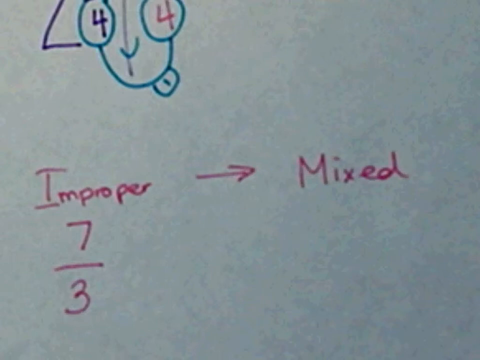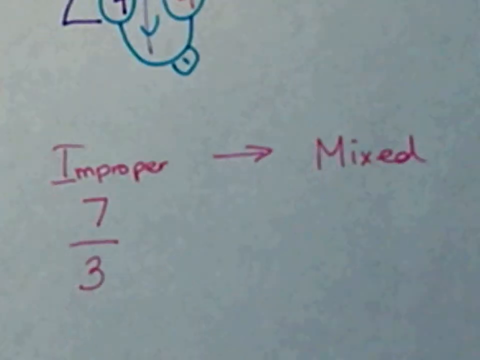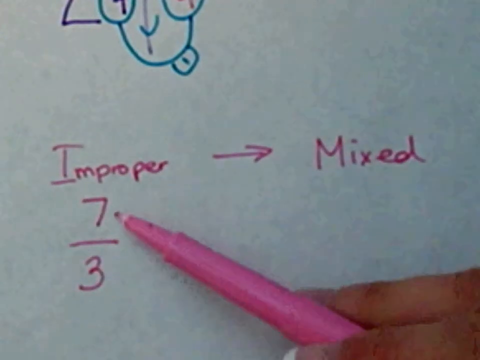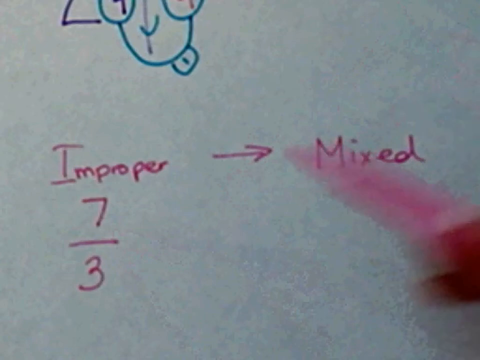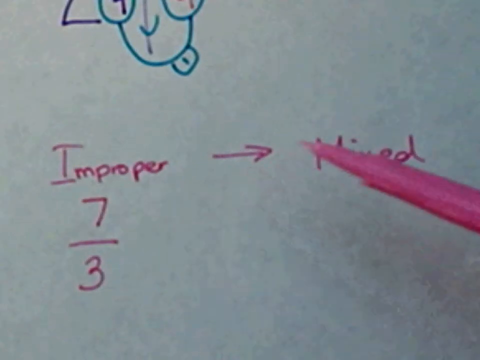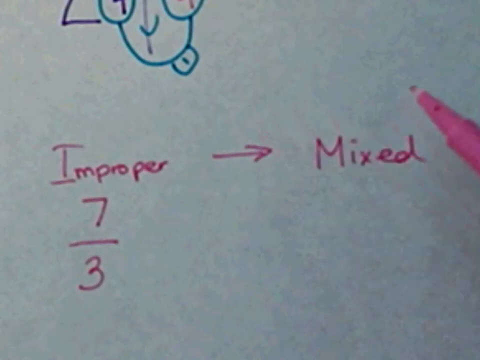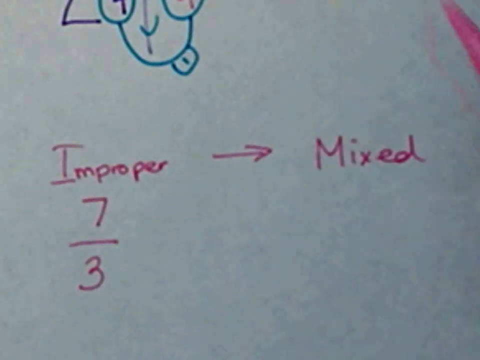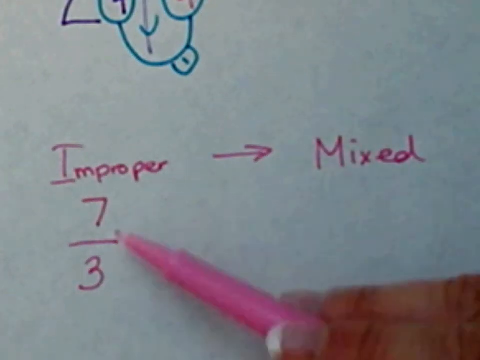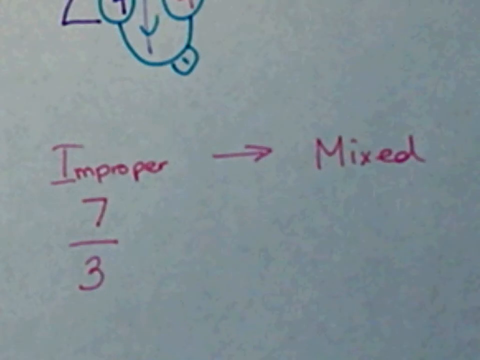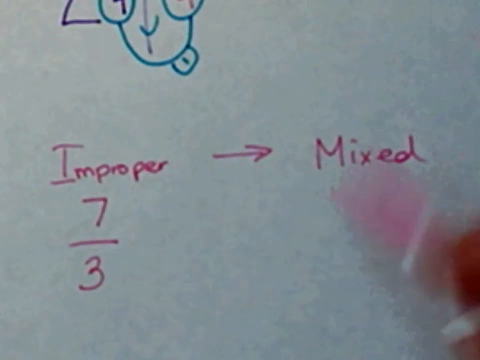We also are going to have to be able to go from mixed to improper, and we'll look at that in just a second. Okay, so when we're given an improper, we can identify it because the top number is larger than the bottom. Somebody had mentioned in class, it looks like a bobblehead, which I thought was very true, because in a bobblehead, the head is super big compared to the body. And so here we have a little bobblehead, big head, little body.